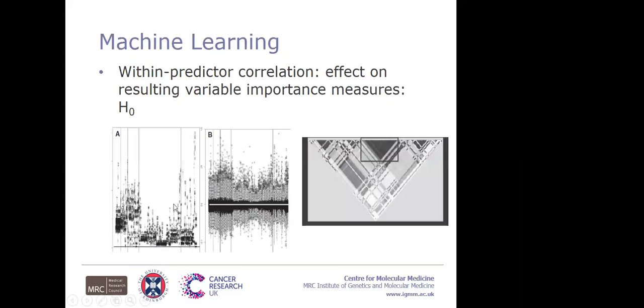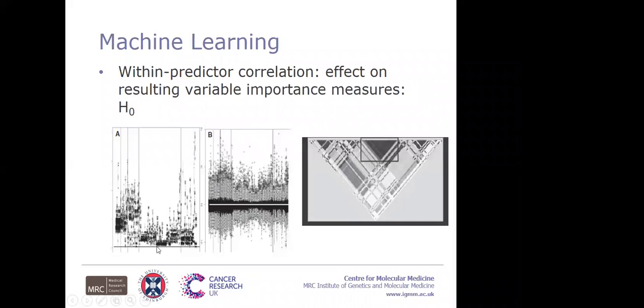So in plot A, what I'm showing is box plots. Each one of those little things is a box plot for an individual SNP going across the different chromosomes, because they were on different chromosomes, but you can see there are 5 genes. This is the Gini index-based variable importance measure. This is the permutation-based one.